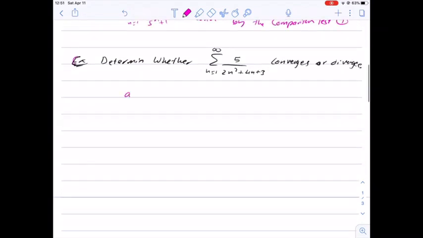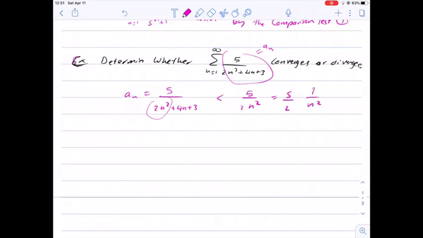Now if we look at this series, a sub n is 5 over 2n squared plus 4n plus 3. Now we need to compare it to another series. So this is less than 5 over, let's take the first term of this, 5 over 2 times 1 over n squared. But this is a known series.